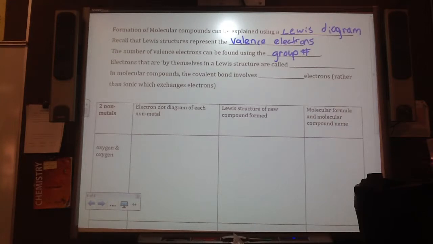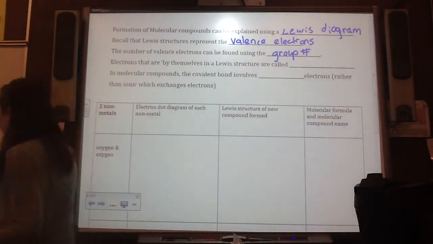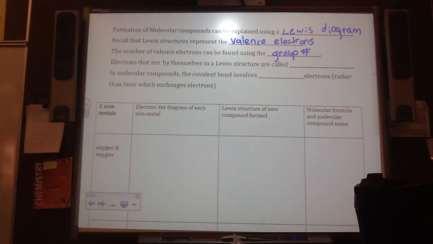Now, we talked about this before, but when we think about valence electrons when they're all by themselves, not in a pair, what are they called? If I was looking at chlorine, and here's one electron all by itself, do you remember what that was called? Unstable. It is unstable, yeah.